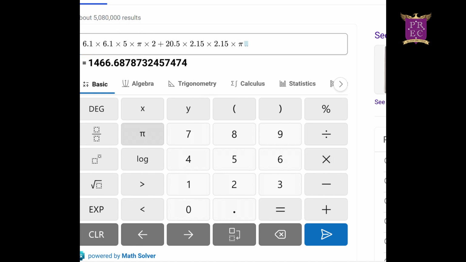Okay, now this gives us the volume of the dumbbell, which is 1466.69, but they're asking us to round this to 4 significant figures, so it will just be 1467.